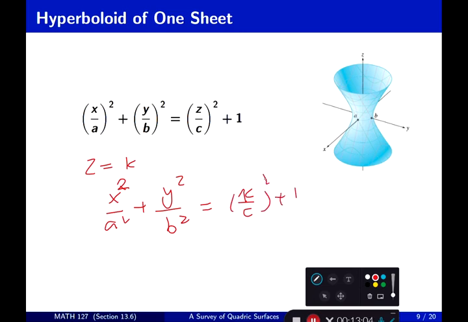And so this is an equation where the right side is always bigger than 0. Therefore, you always get ellipses for this one.